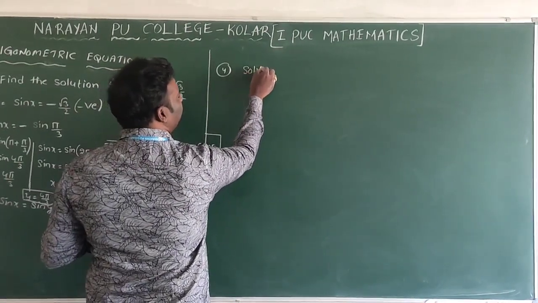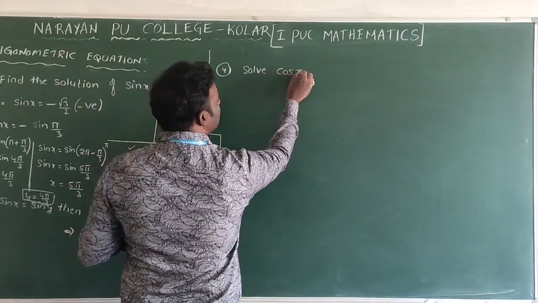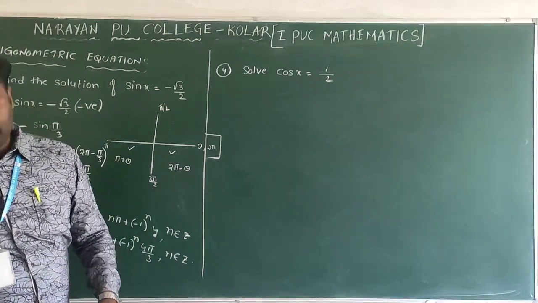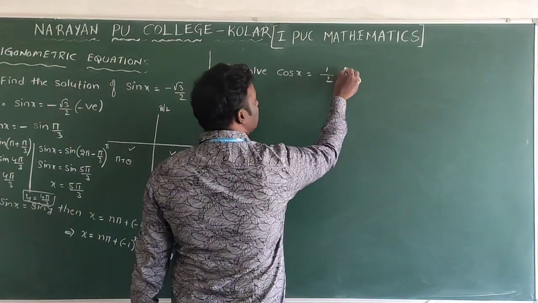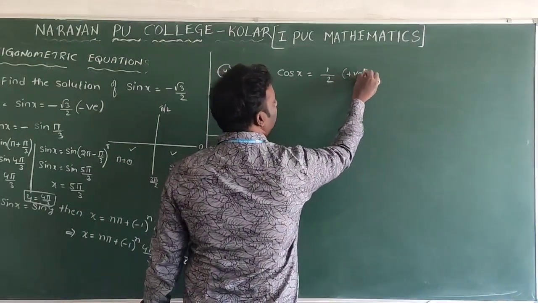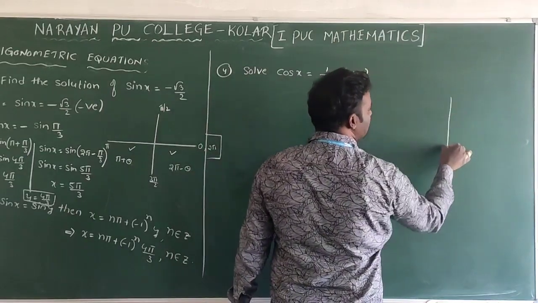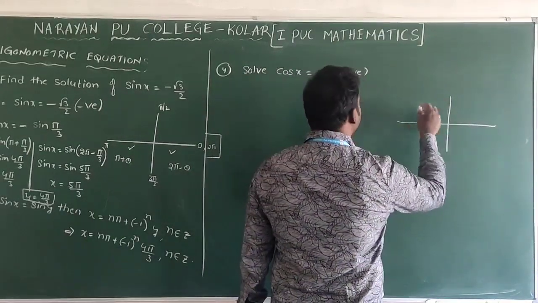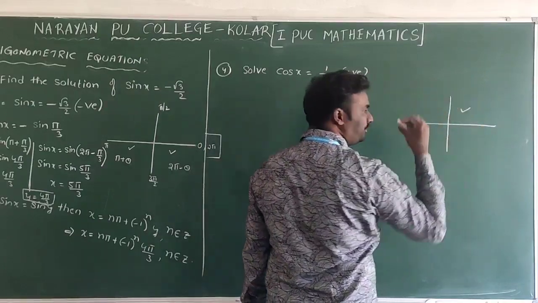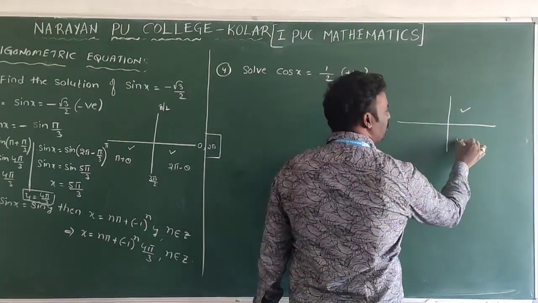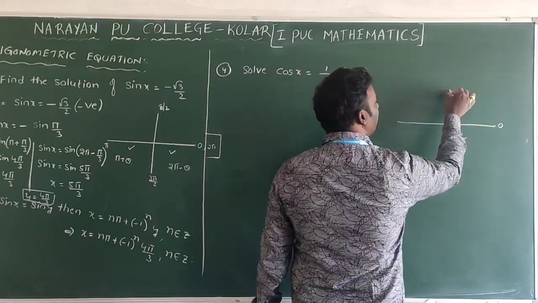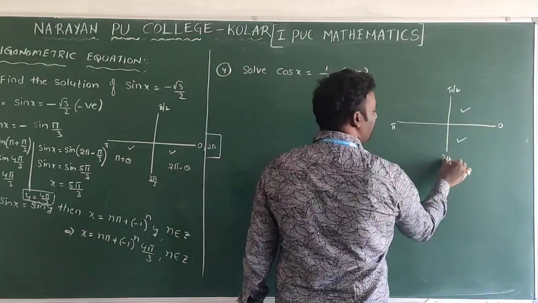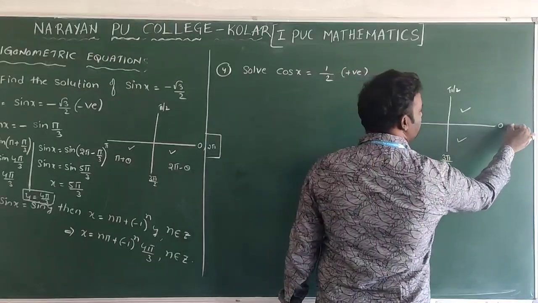Solve cos x is equal to 1 by 2. See here, cos x is positive. Cos is positive in which quadrant? Cos is positive in the first quadrant. Cos is positive in the fourth quadrant. This is 0. This is pi by 2. Pi, 3 pi by 2, and this is 2 pi.